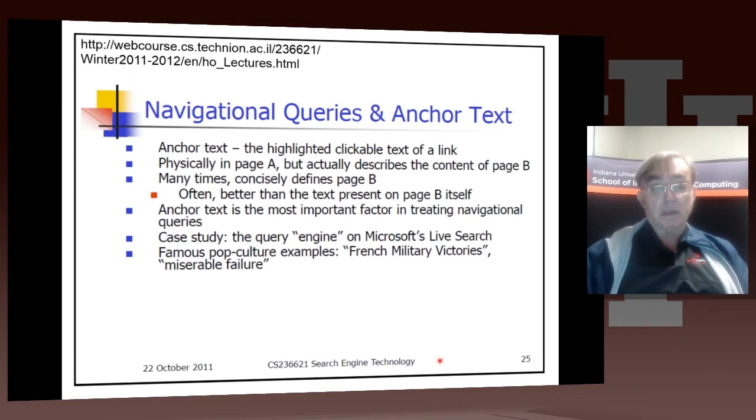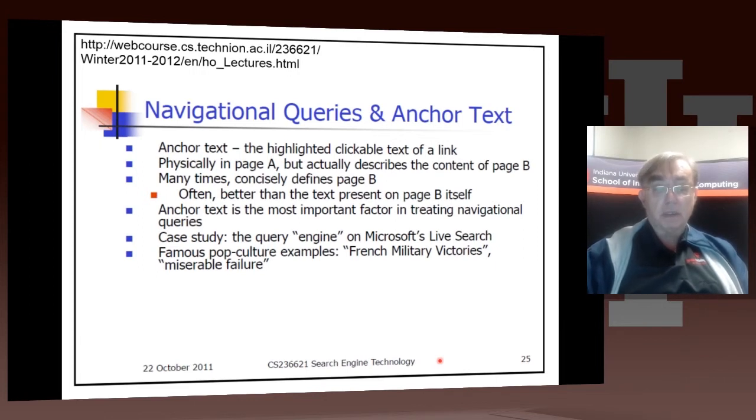And so that anchor text is often very useful in defining page B and might actually give an overview of what's in page B more precisely than actually page B itself. So that's these so-called navigational queries. They use the anchor text to try to get back good answers.